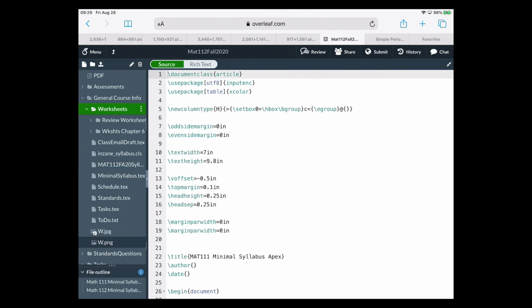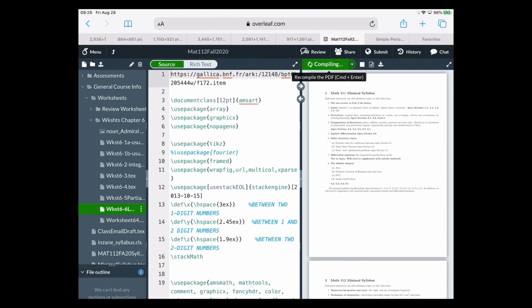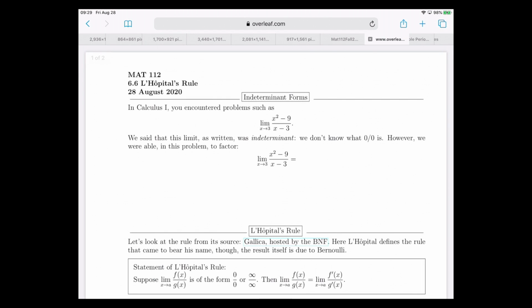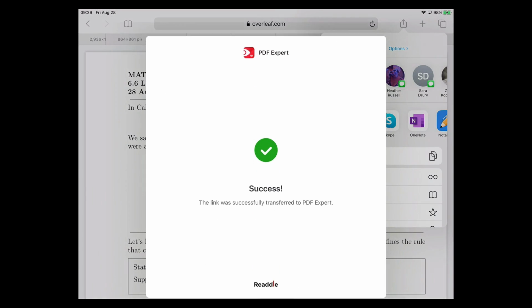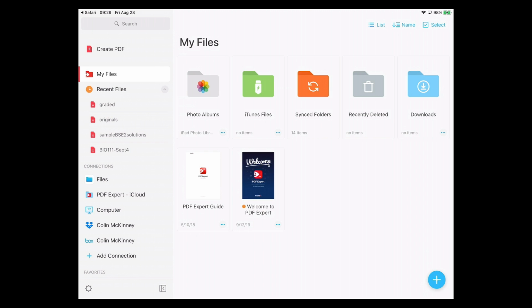There we go. Let me open this in this app. Hopefully it'll open.